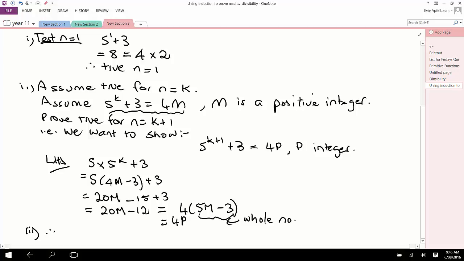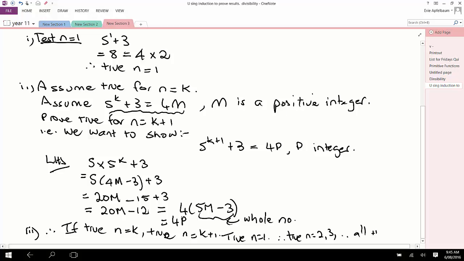So then we can say, therefore, and by now you should know it by heart, if true n equals k, true n equals k plus 1, true n equals 1, therefore true n equals 2, 3, all positive n.